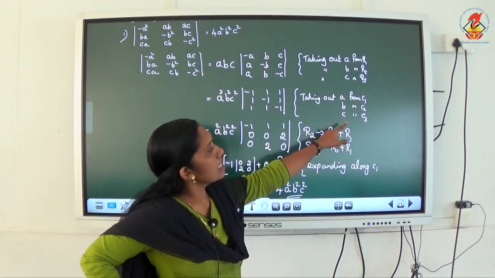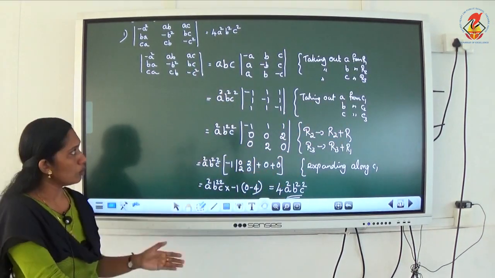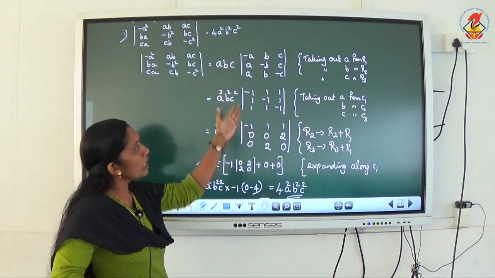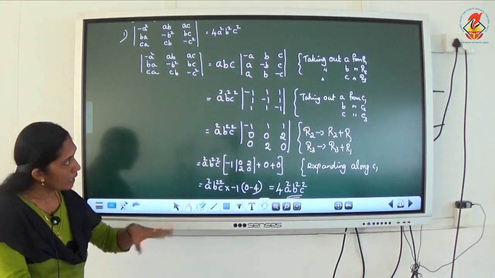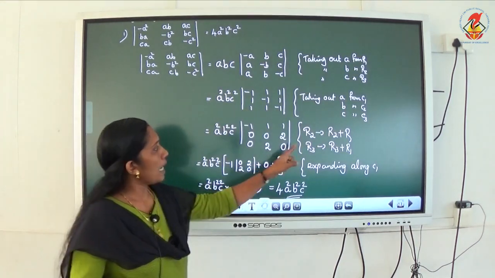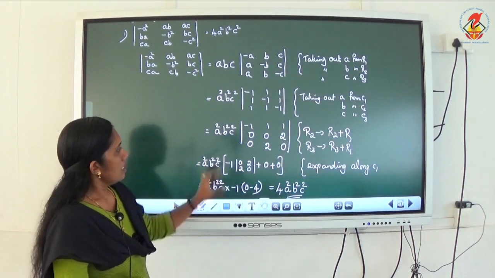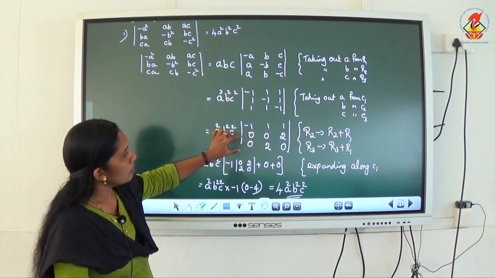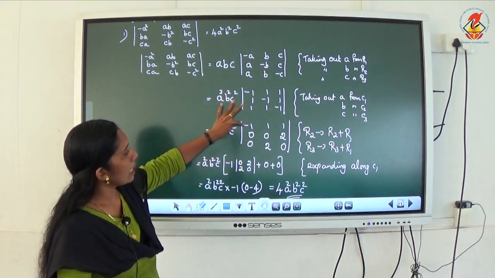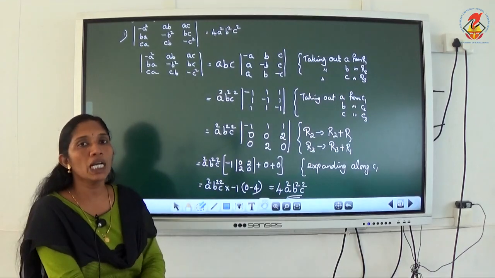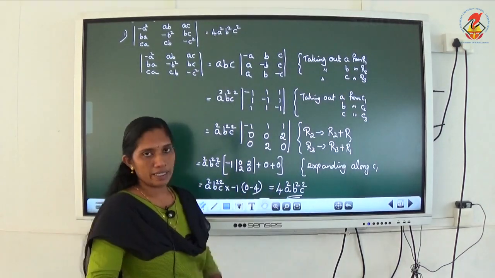Then again from C1, C2, C3 we take a, b, c outside. So a², b², c². Then we get a determinant. Again we simplify that determinant by adding R2 and R1, R3 and R1. This way in the first column 2 elements are 0, only 1 element. So we expand along C1. So we get the answer.